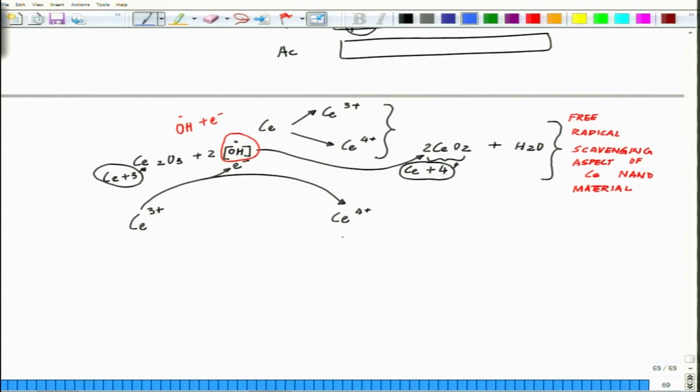So, if it is doing this free radical scavenging, let us highlight that part. H2O2, where oxygen remains in the 2 state, is how free radical generation happens in hydrogen peroxide.